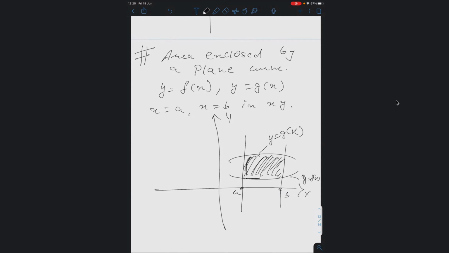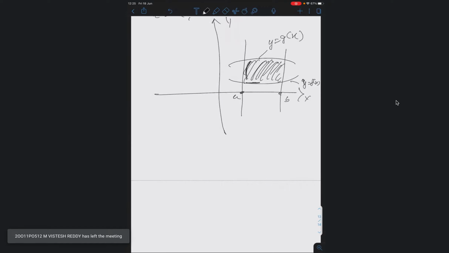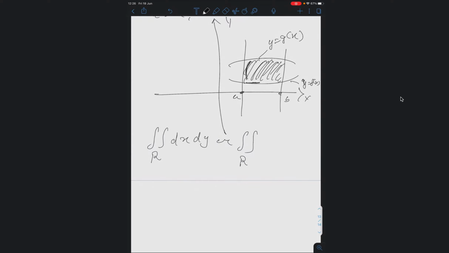But here, remember, they will ask you to find the area enclosed by some curves. So how will you calculate the area? The area of the region R bounded by these curves will be given by the double integral over this region R of dx dy, or it can be the double integral over the region R of dy dx. Understood, all of you?